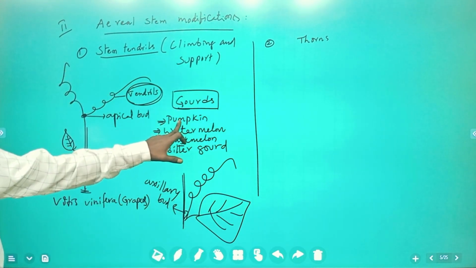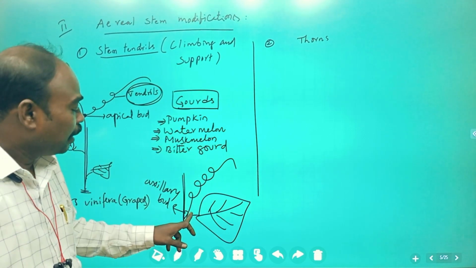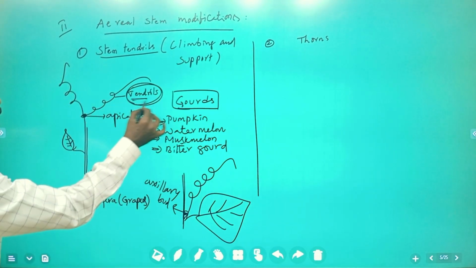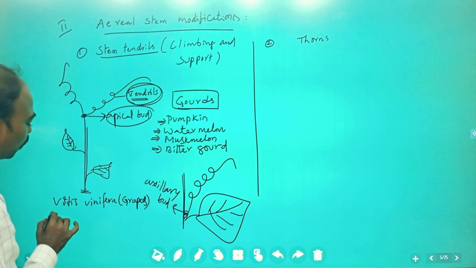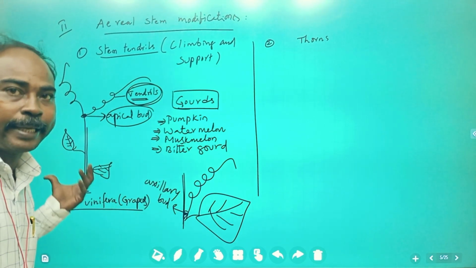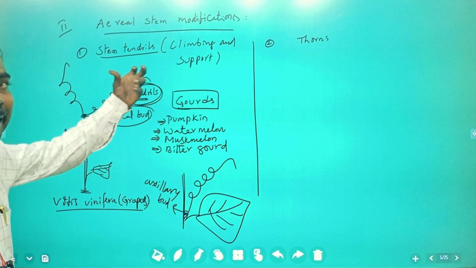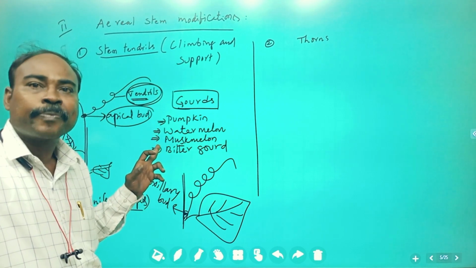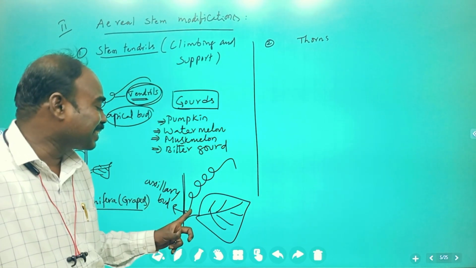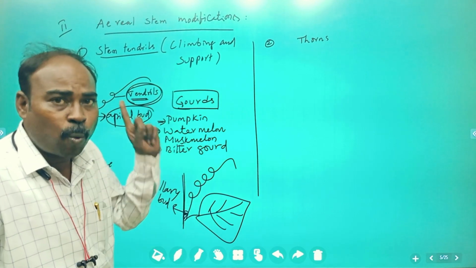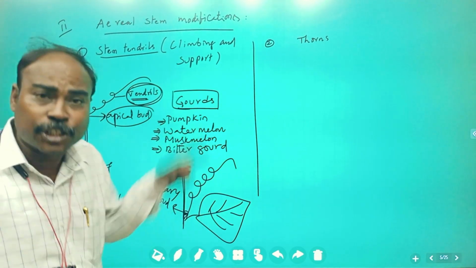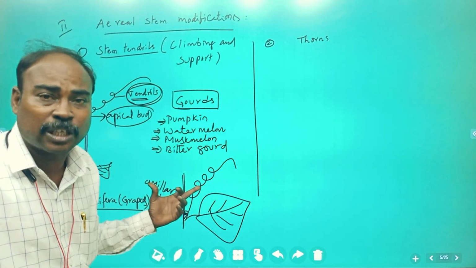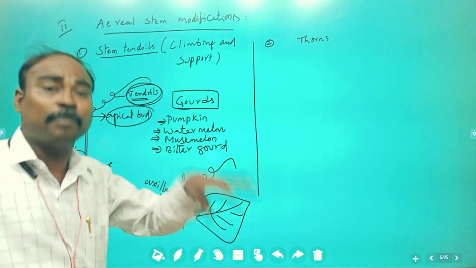So in gourds the tendrils develop from the leaf axils, whereas in Vitis vinifera, grapes, the tendrils are developed from the apical bud. What is a tendril? Wiry, coiled, delicate, sensitive structures developed either from the apical bud or from the axillary bud of some weak-stemmed plants.